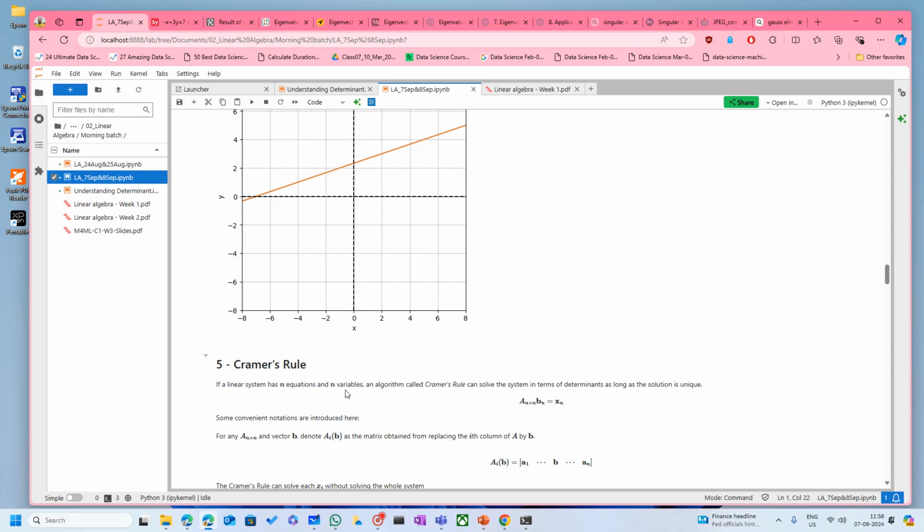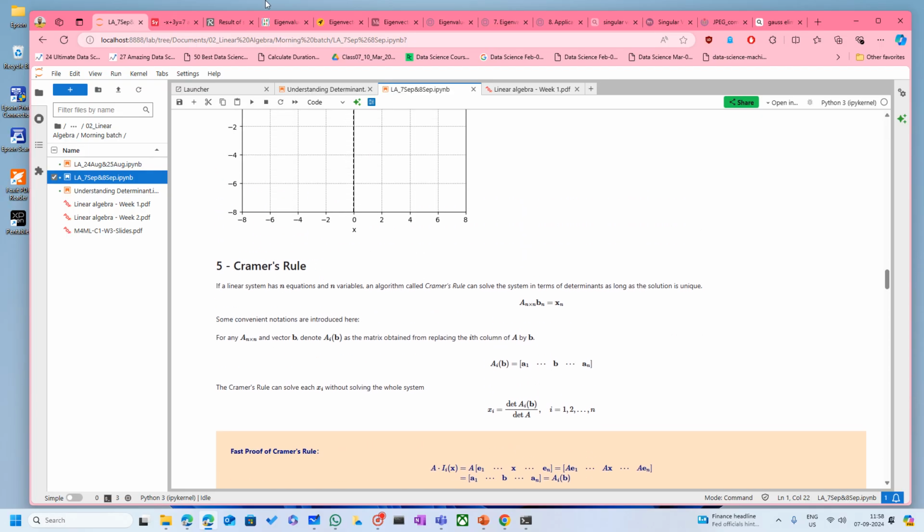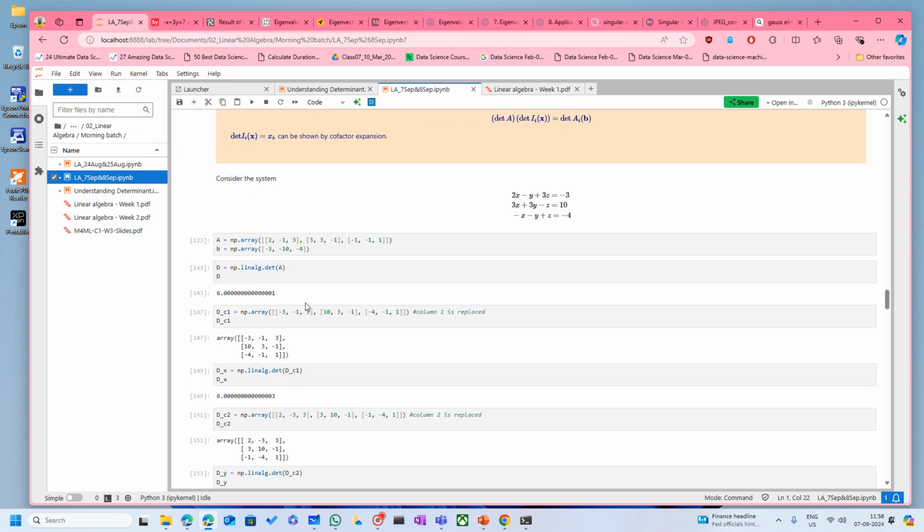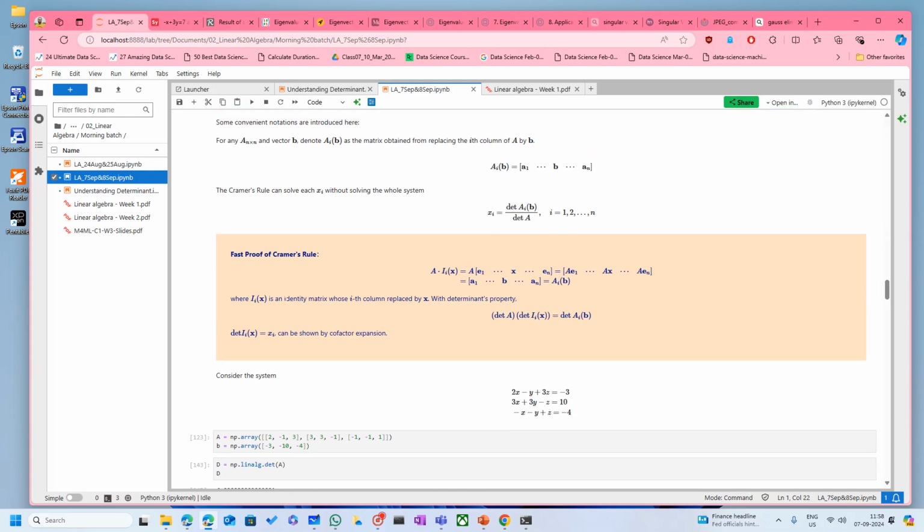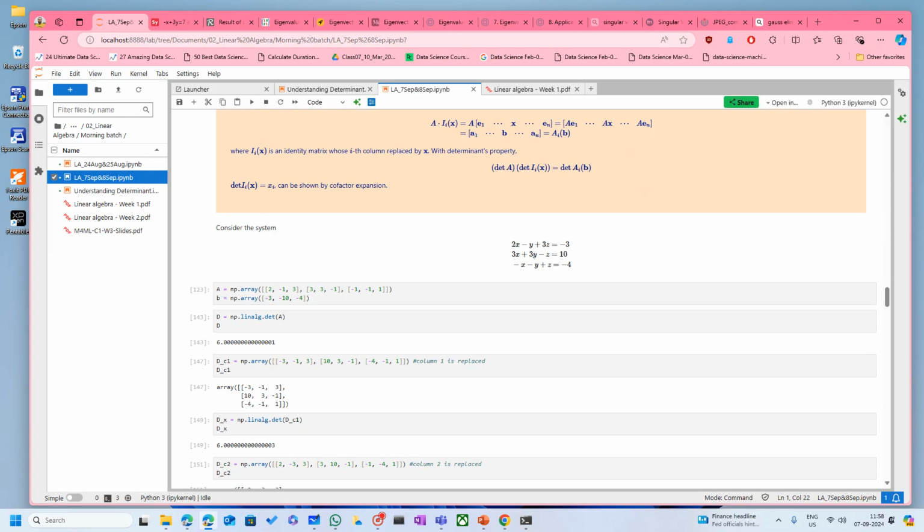Next, let's look at Cramer's rule. This we already saw in the linear equations lesson, again just repeating it. For Cramer's rule, you calculate the determinant of the original equation, and then replace the first column with the values minus 3, 10, minus 4, and calculate the determinant, which is what we have done.